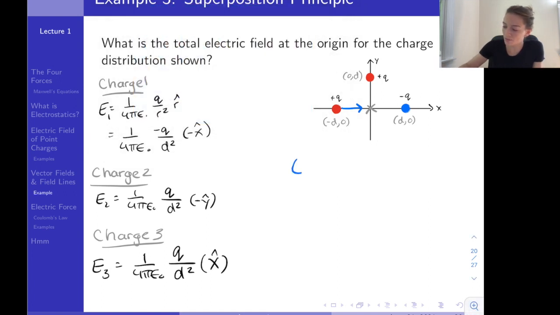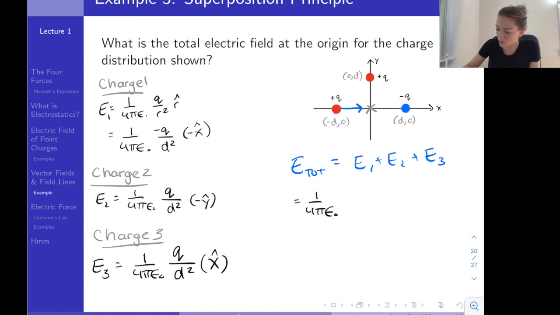So now we just have to find the total. So E total is just going to be E1 plus E2 plus E3. So we'll just have, let's see, I'm going to factor out the 1 over 4 pi epsilon naught. So we'll just get 1 over 4 pi epsilon naught. And then we have negative q over d squared in the negative x hat, so that will overall be a positive.